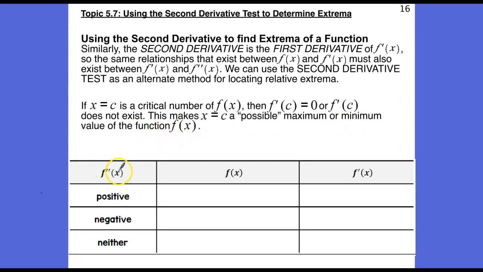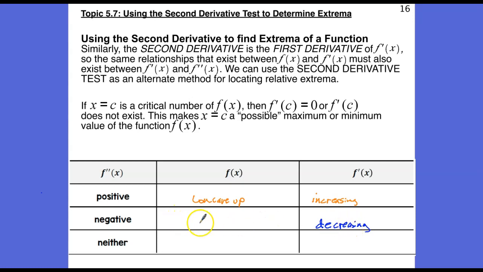So if f double prime of x is positive, that means that f prime of x must be increasing, because if the function is increasing, the slope is positive. But if f prime of x is increasing, that must mean that the original function is concave up. Likewise, if the second derivative is negative, that means that the first derivative is decreasing.